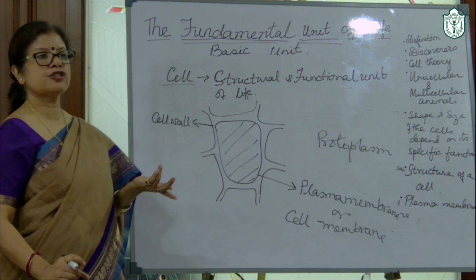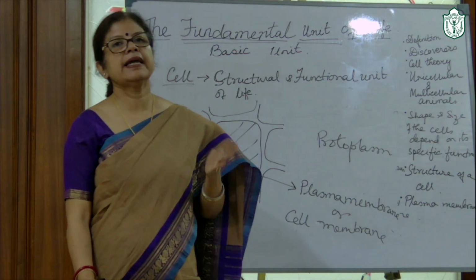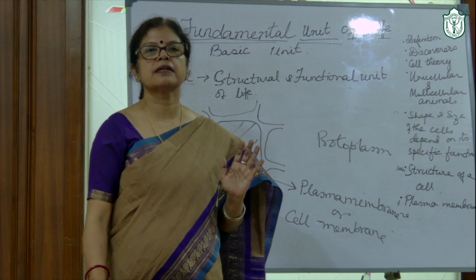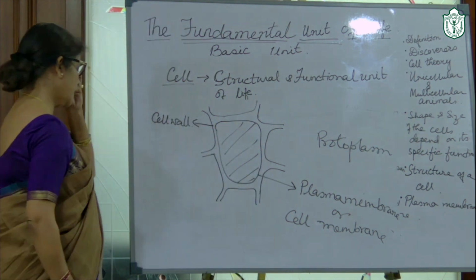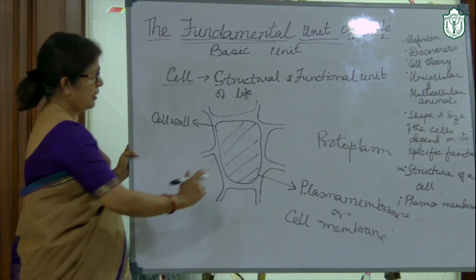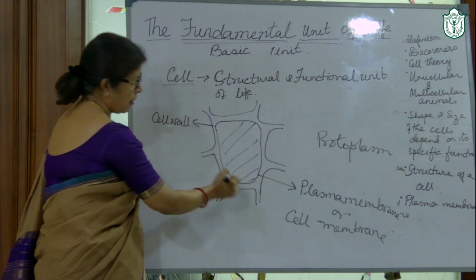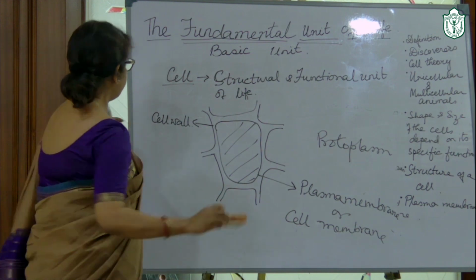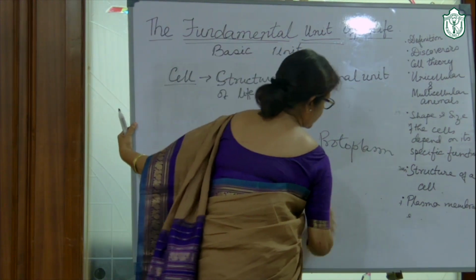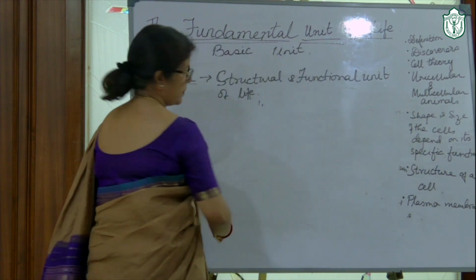Now the composition of the cell wall is different in plant cells and in bacterial cells. Now this plasma membrane, which is the outer covering of any cell, I will now discuss.